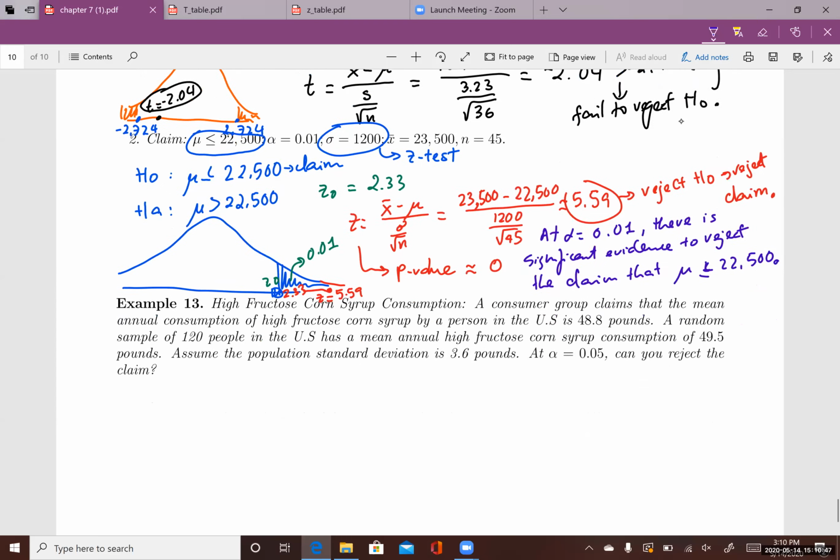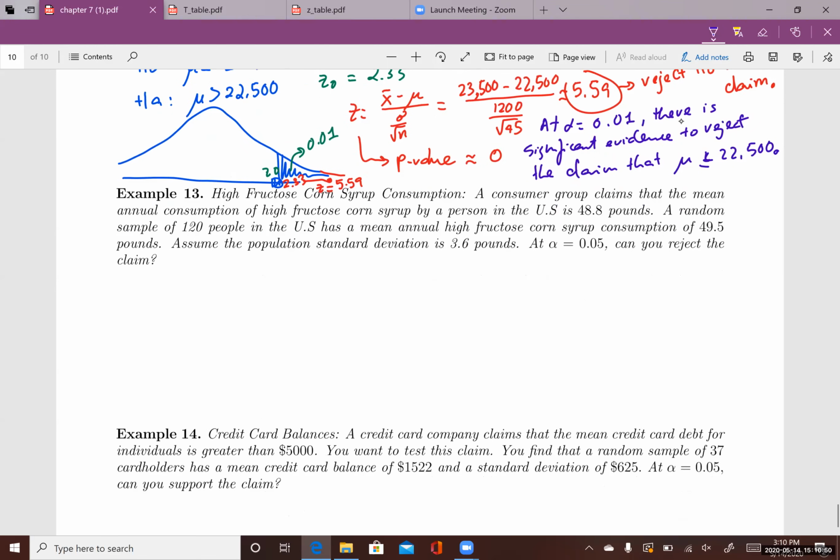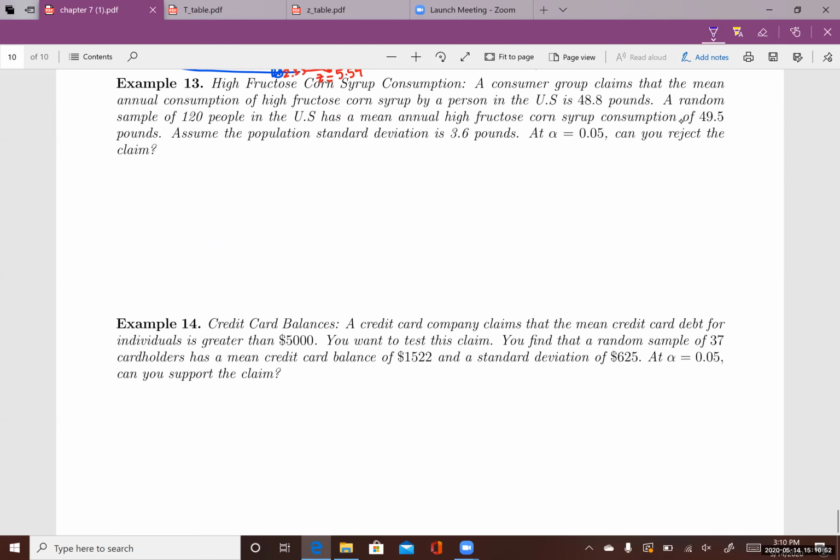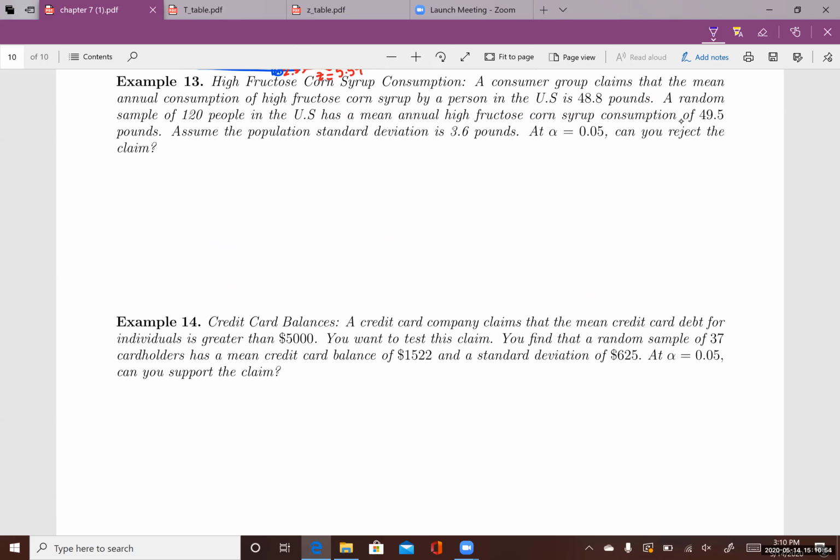All right, let's look at the next example. High fructose corn syrup consumption. A consumer group claims that the mean annual consumption of high fructose corn syrup by a person is about 48.4 pounds, right?